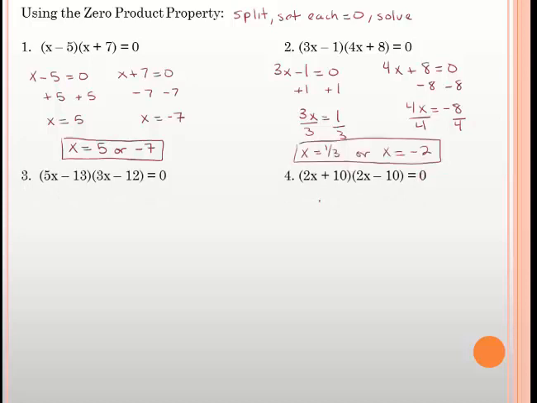Okay, so what I would like you to do is pause the video for a moment and try to work these 2 examples, and then when you're finished, unpause the video and come back and check your work. Remember to split them and set them each equal to 0 and then solve.